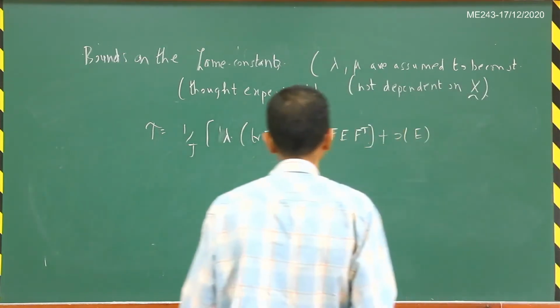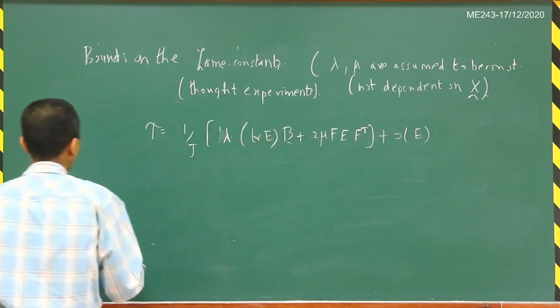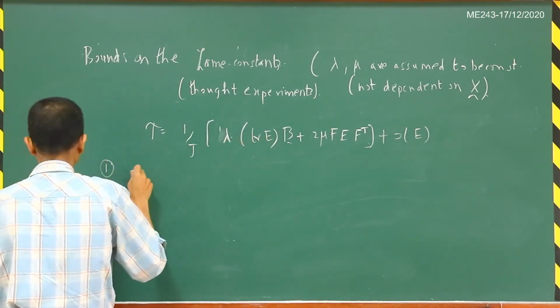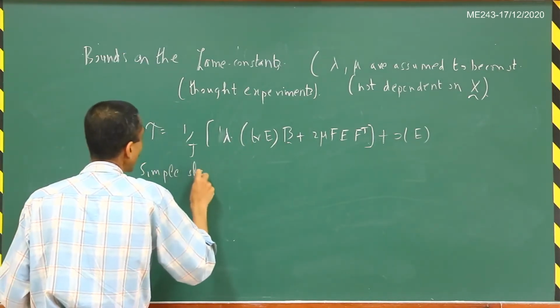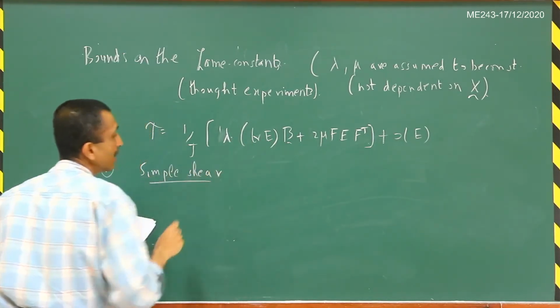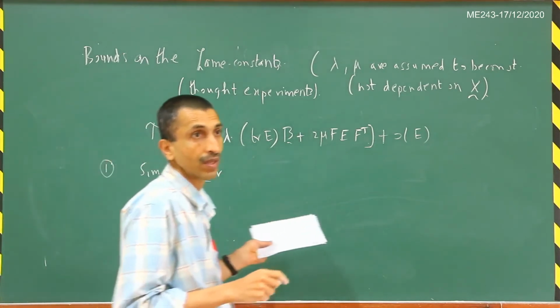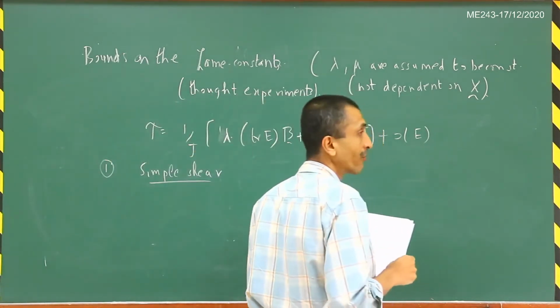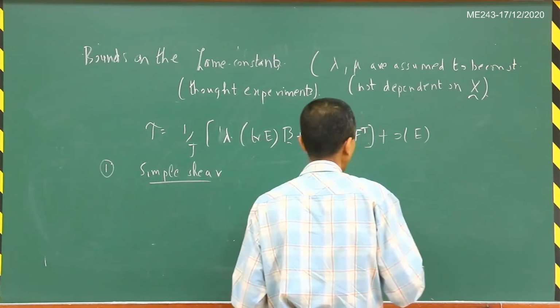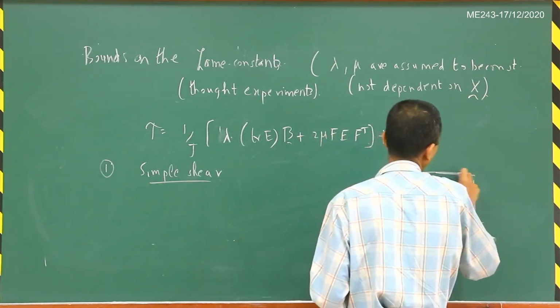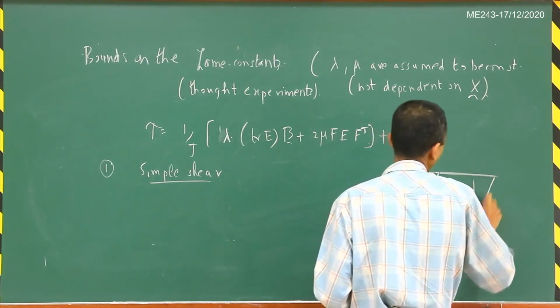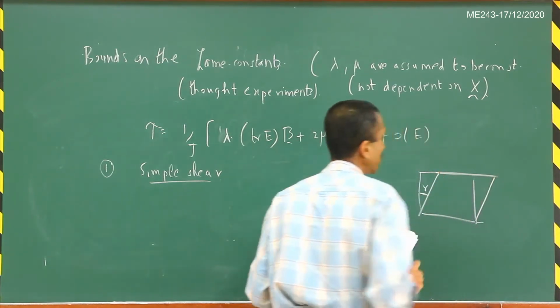Okay, so the first thought experiment that we will consider is simple shear. We have already seen the kinematical mapping for this simple shear. If you recall, it was just a block, and the top surface of that block is moving by some angle gamma.